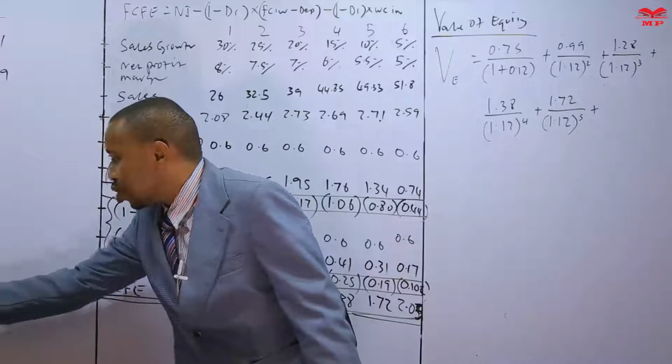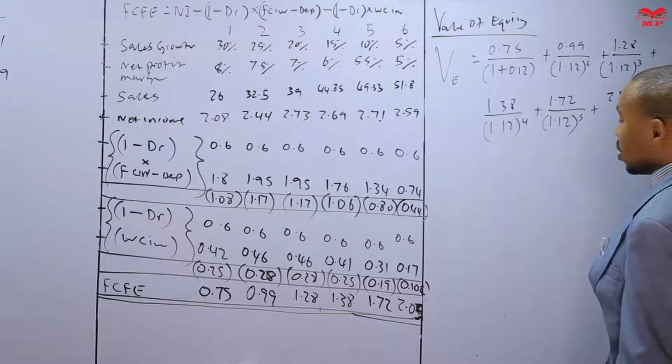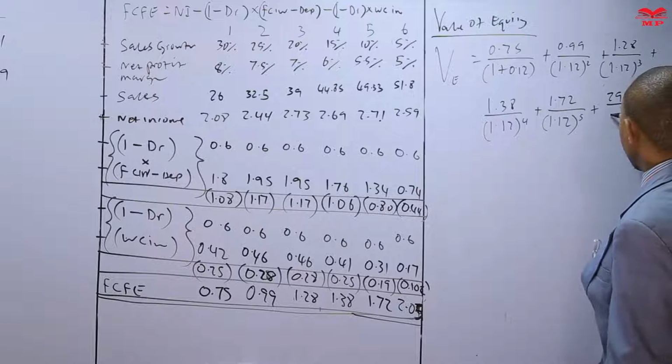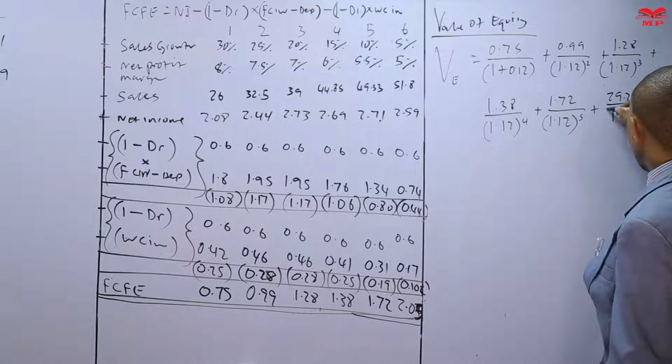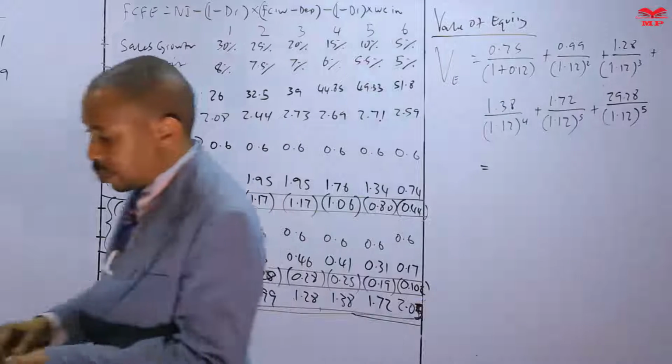This terminal value needs to be discounted at the required return. So we get 29.28 divided by 1.12 to the power 5. So how much do we get there?